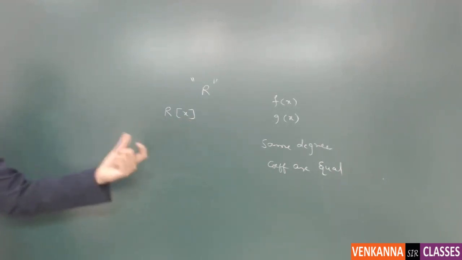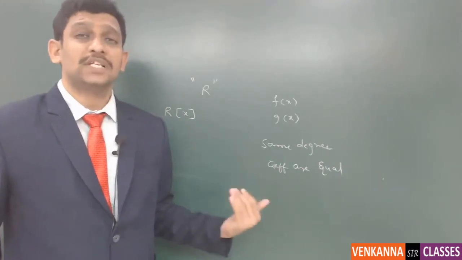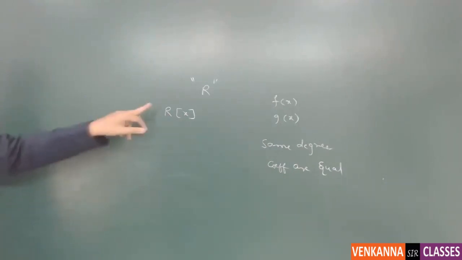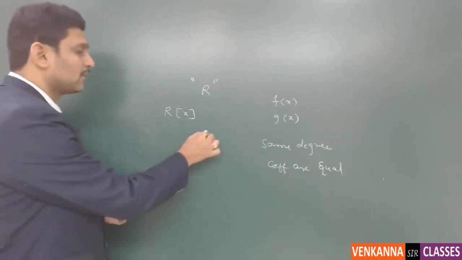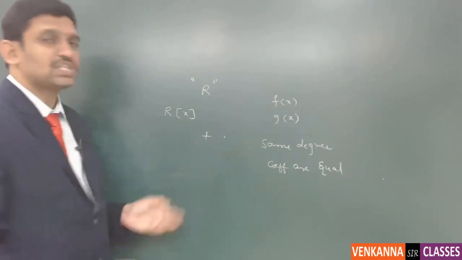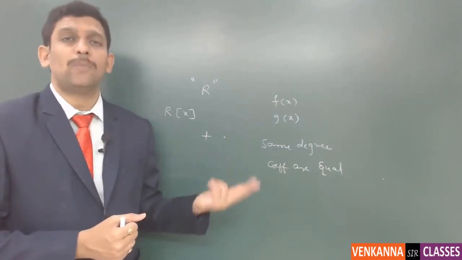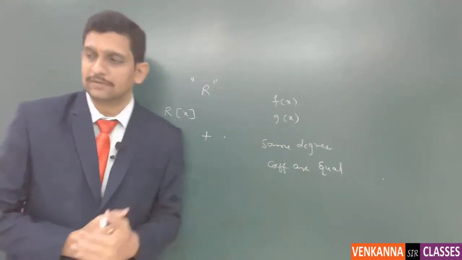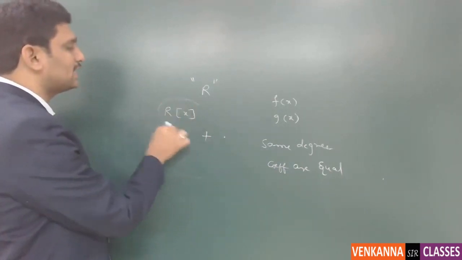It means that we are considering all possible polynomials where coefficients are taken from the ring R. This becomes a ring with respect to addition and multiplication of polynomials. How to add and multiply two polynomials, we discuss later.